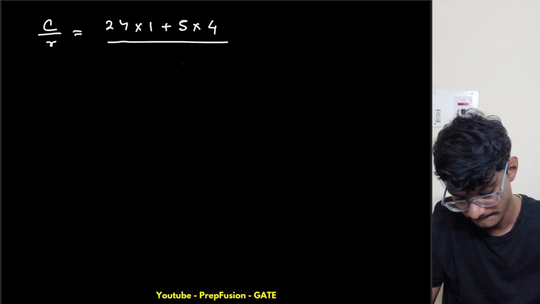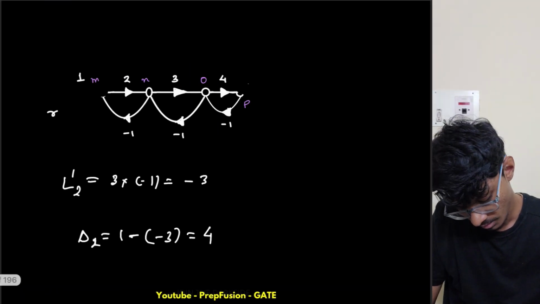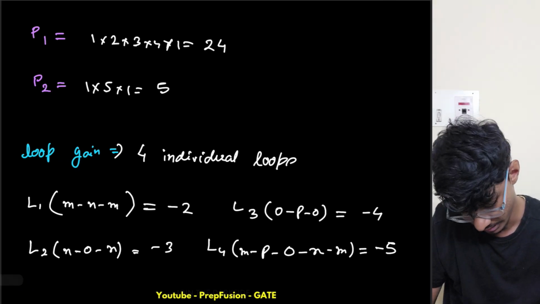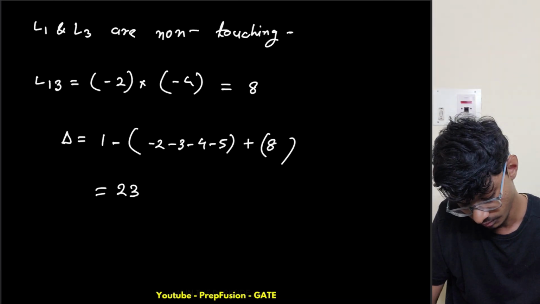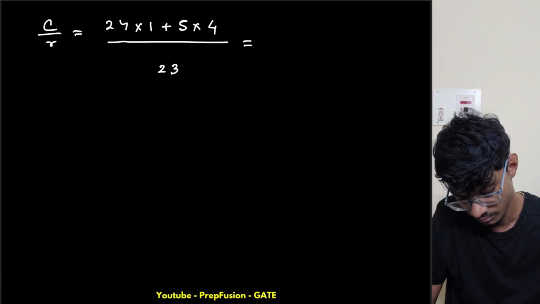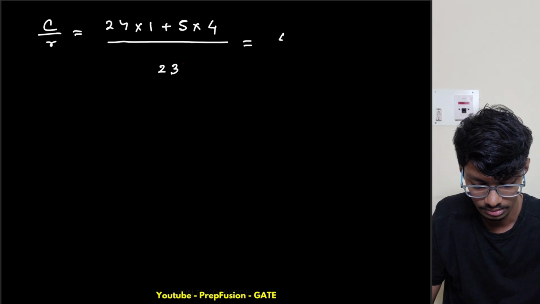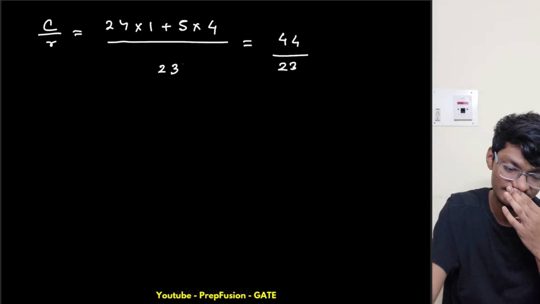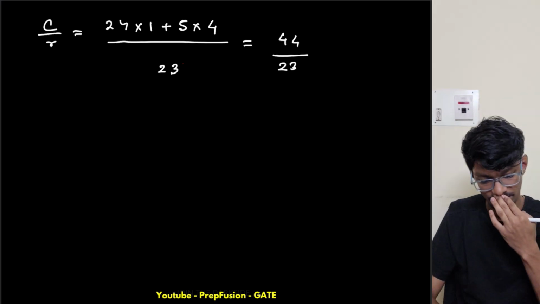And what is delta? Delta is 23, we found that out. So our answer will be simply 44 by 23. Now calculate this and you will get your answer.